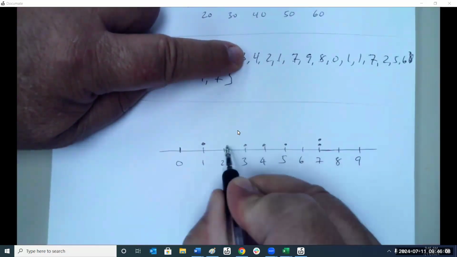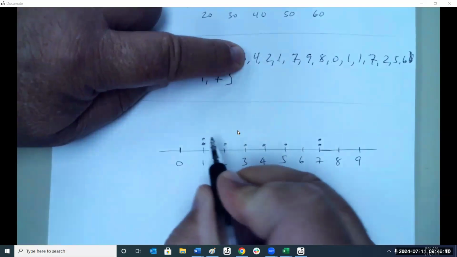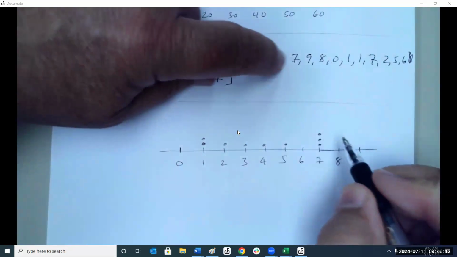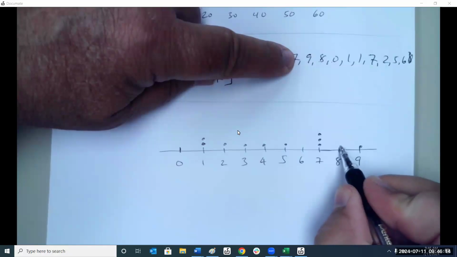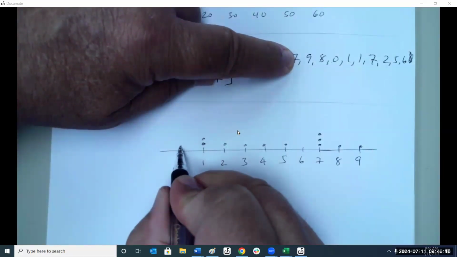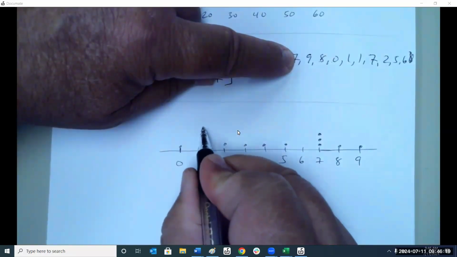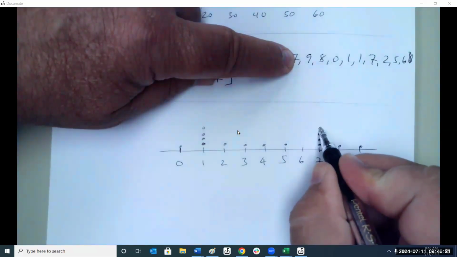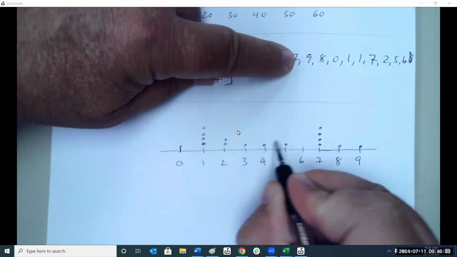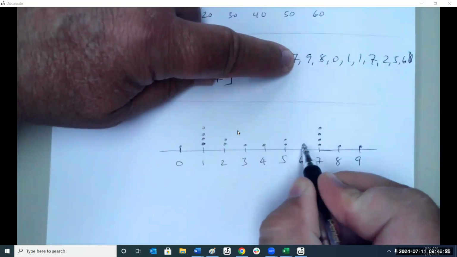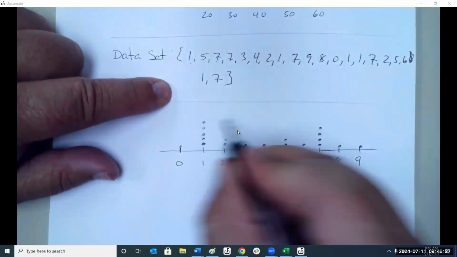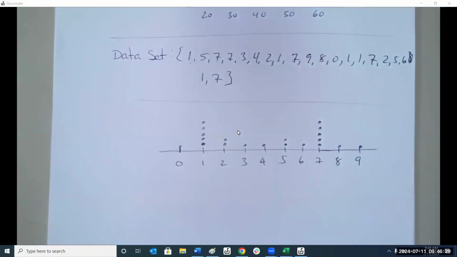3, 4, 2, 1, 7, 9, 8, 0, 1, 1, 7, 2, 5, 6, 1, 7. So that's how a dot plot works.